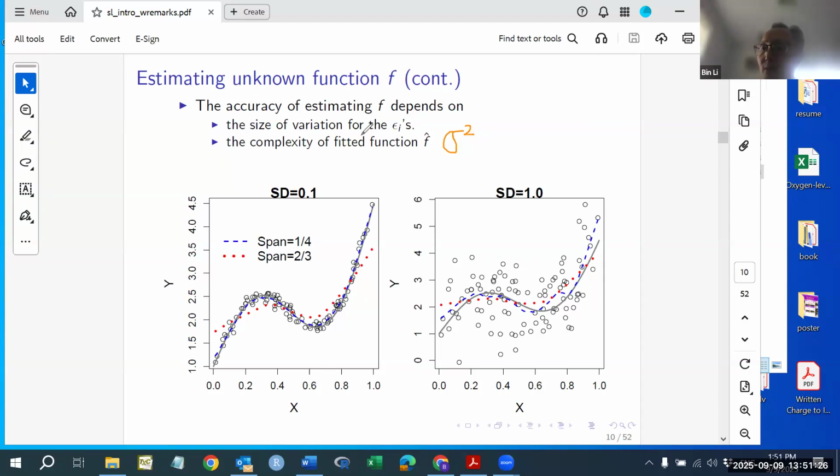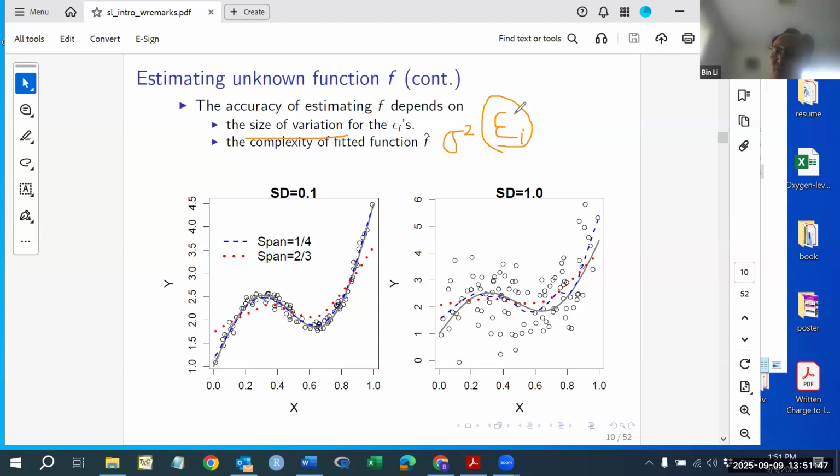can affect the accuracy of the estimated f. Okay, and that size of variation in practice we call data quality.